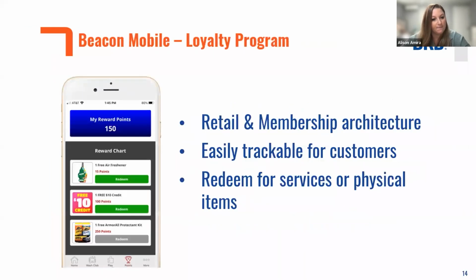Go ahead, Kel. The loyalty program. So just want to touch upon what this looks like a little bit more. This is set up as an architecture that's for both retail and memberships. So you can set a rewards program to earn points if they're buying single washes or physical retail items, where they are earning points that are equated to dollars.